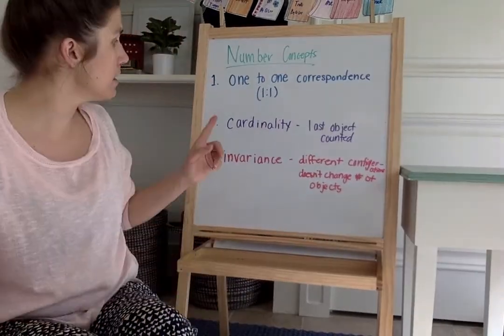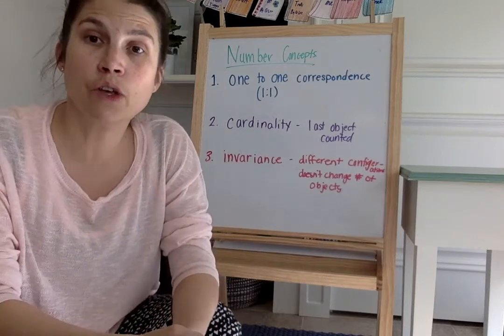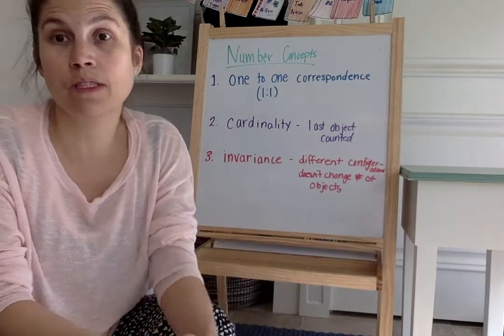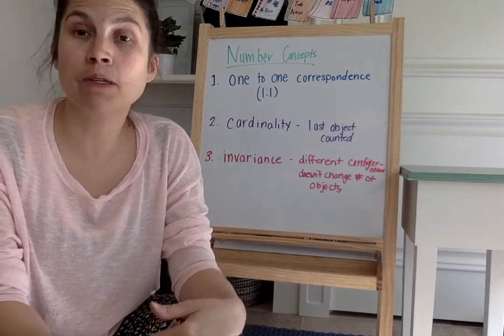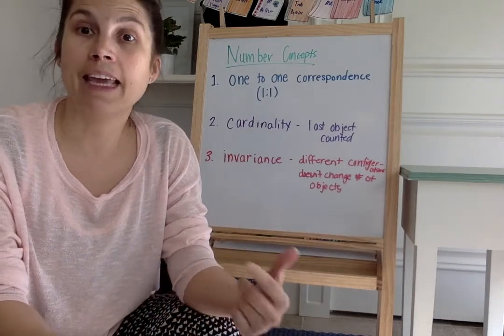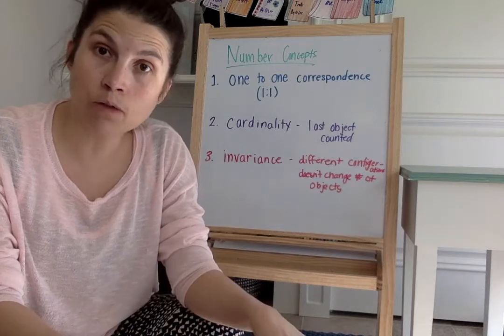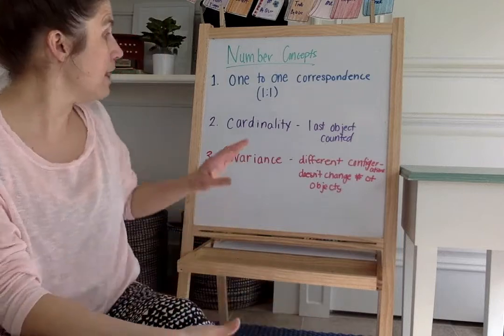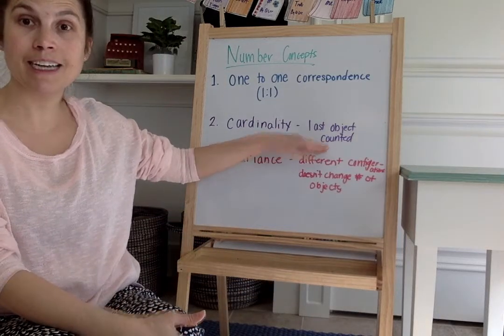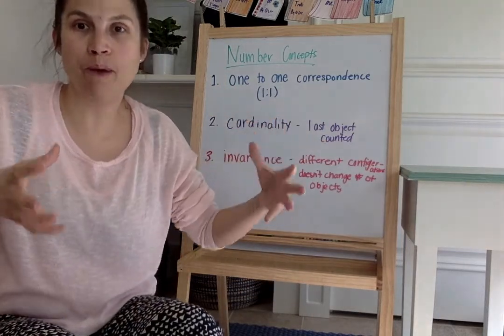Now, the second concept is called cardinality. So, for instance, when they're counting those 11 objects and you ask how many, they are able to say 11 at the end. They don't have to recount, but they understand that the last object counted is the total amount.